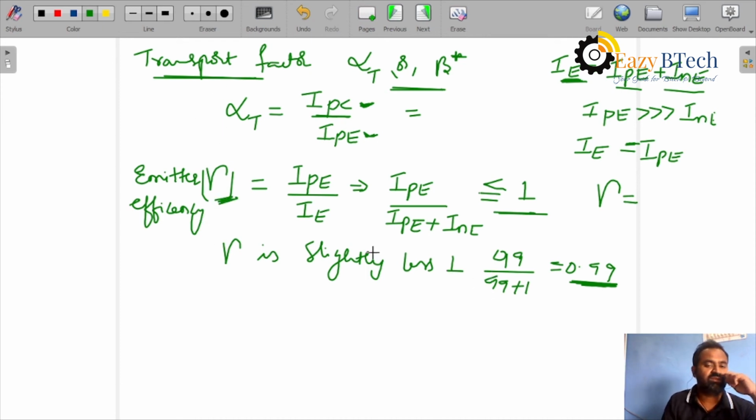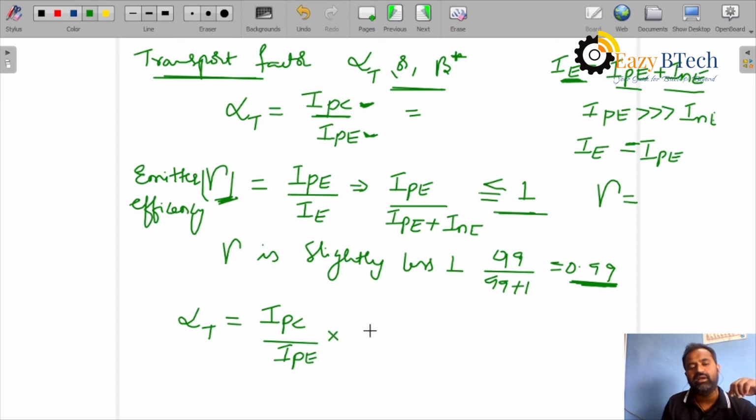Now if you substitute this in the transport factor, we will write alpha T is equal to IPC by IE, which we represent as IPC by IPE into IPE by IE. Now IPE will get cancelled.